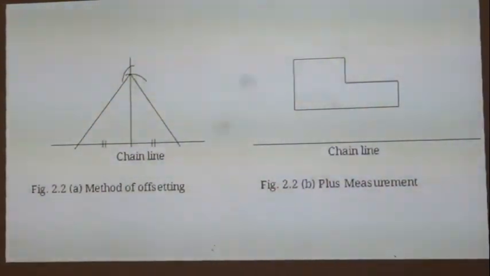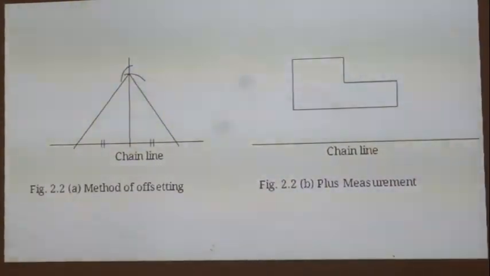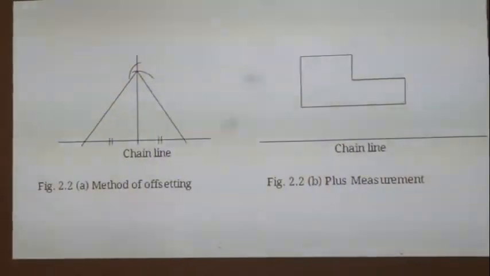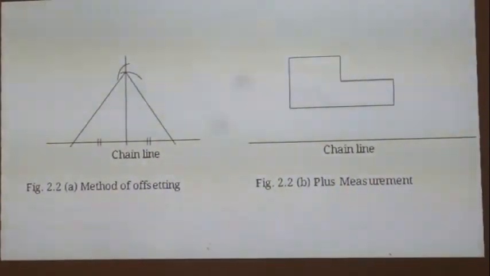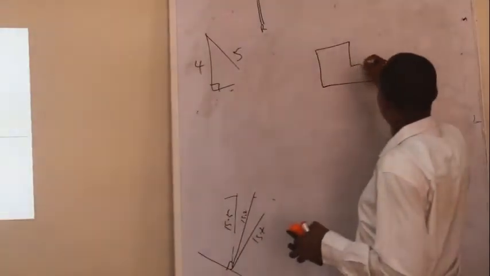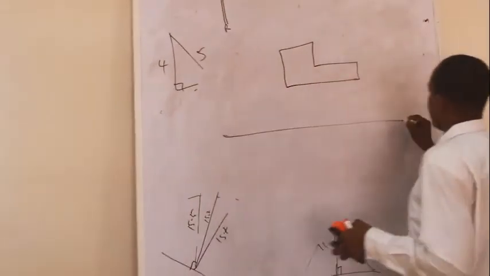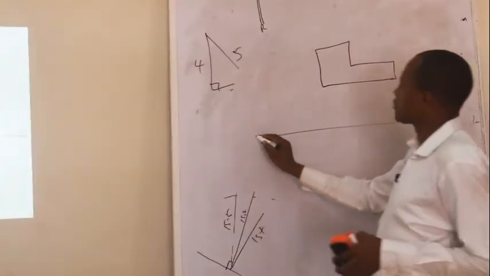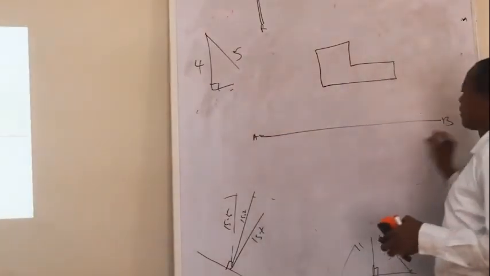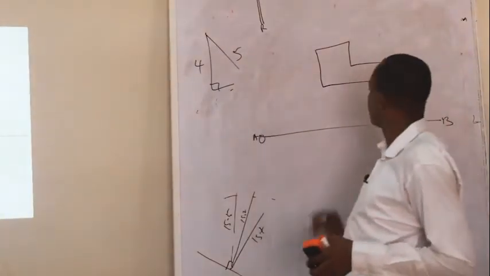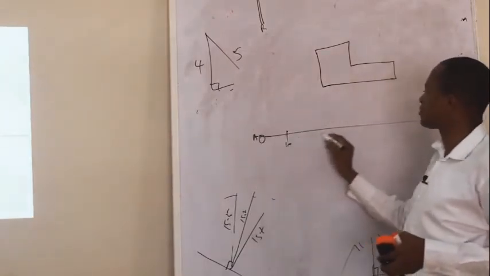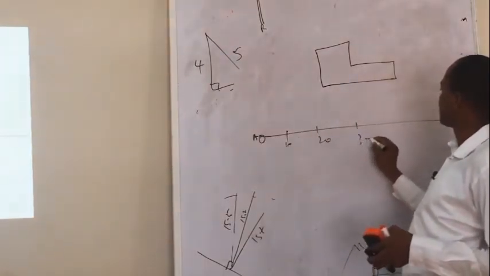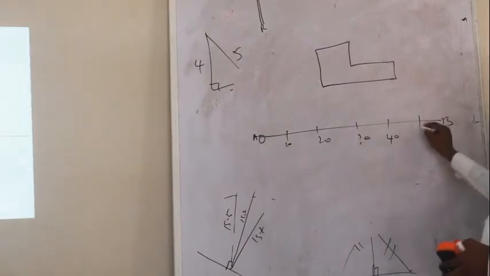For example, let me take another diagram. This is a building. This is your reference line. Let's call this one A, B. The measurement starts from 0 and goes on like that, maybe 10 meters, 20, 30, 40, 50.